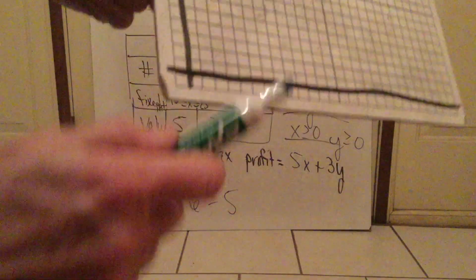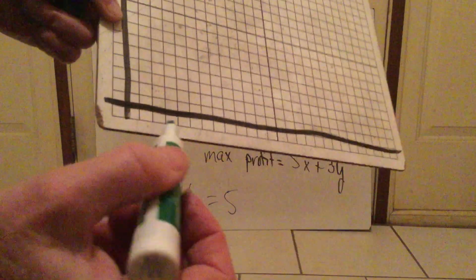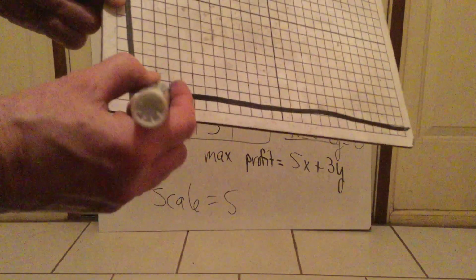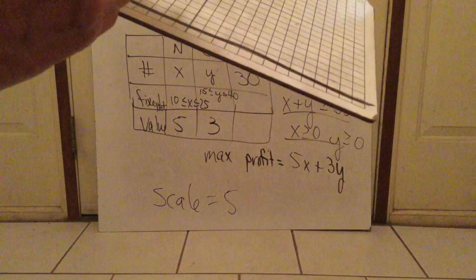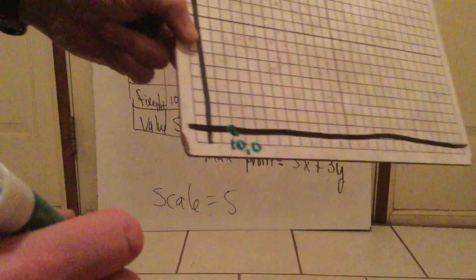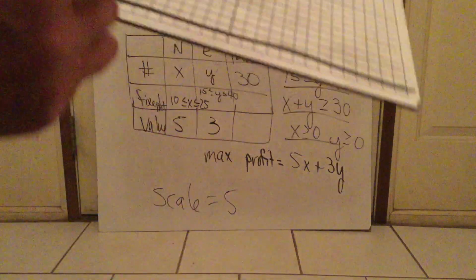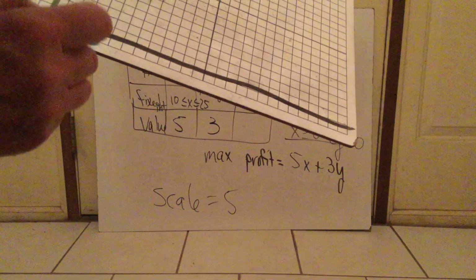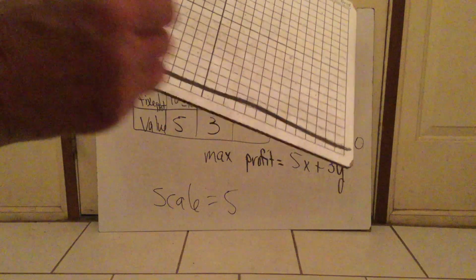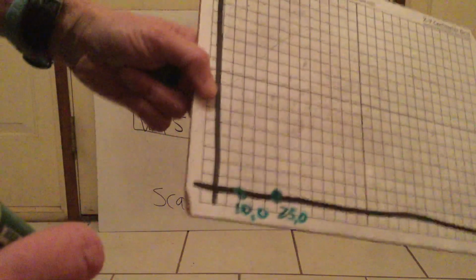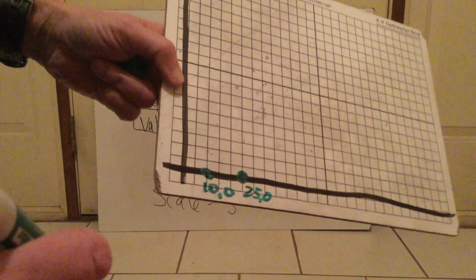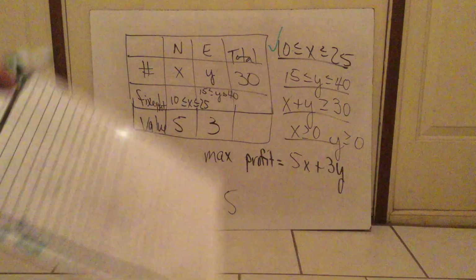So I'm only looking at my x-axis, and I'm going to count over to 10, so that's 2 marks, so there's 10. That's the point 10, 0. And then I'm going to get 25, so 5, 10, 15, 20, 25 is right there. So that's 25, 0. So there are my 2 points, 10 and 25, because that's what the x's are.